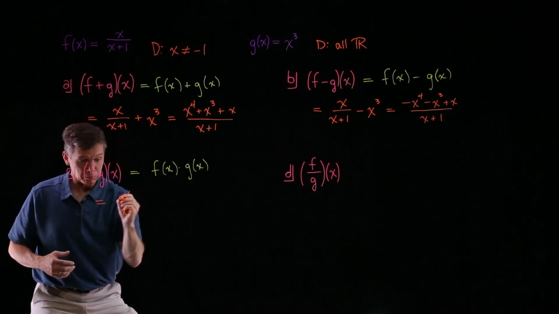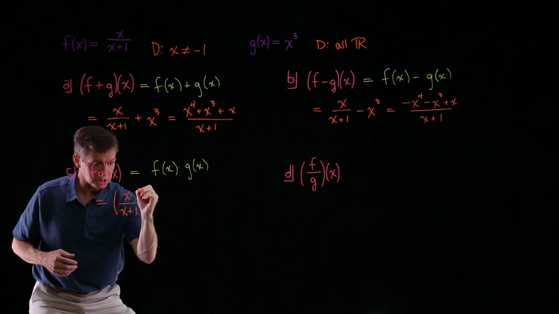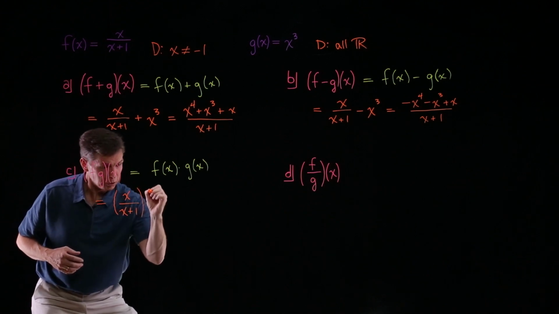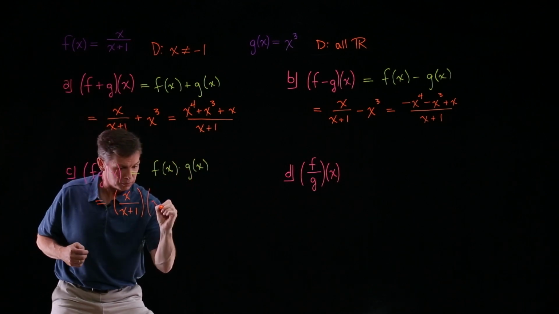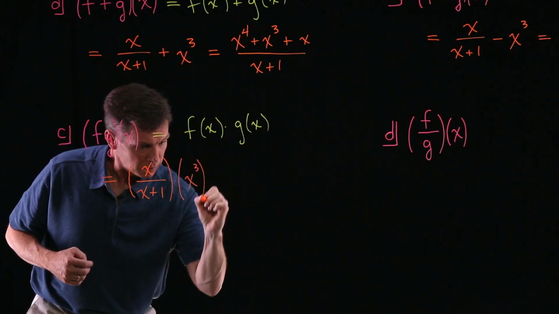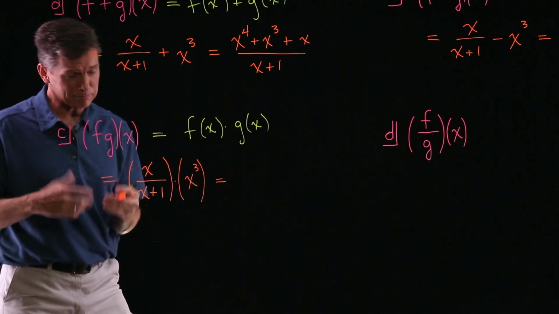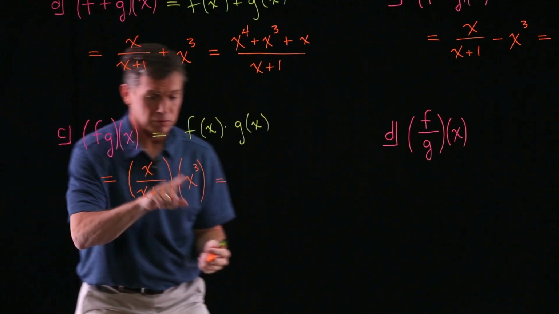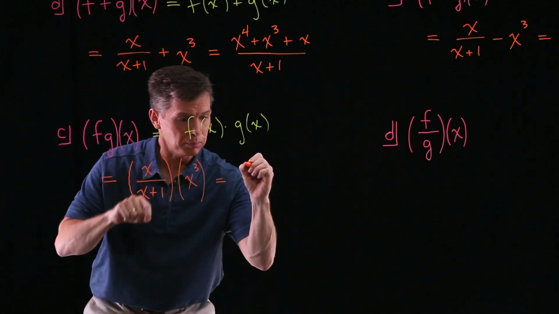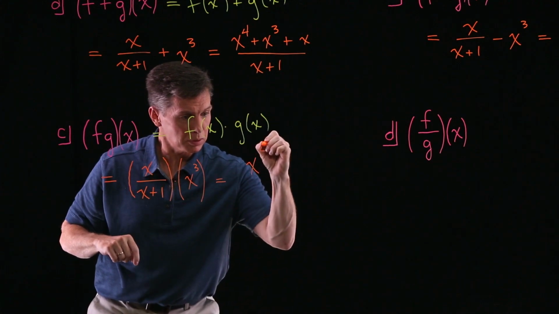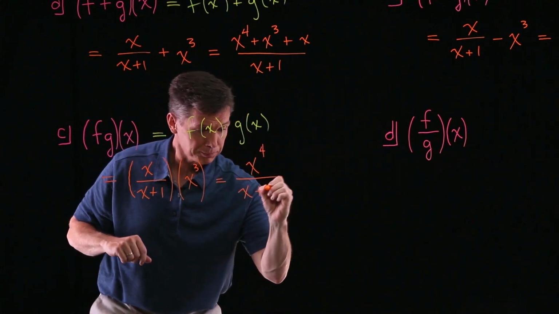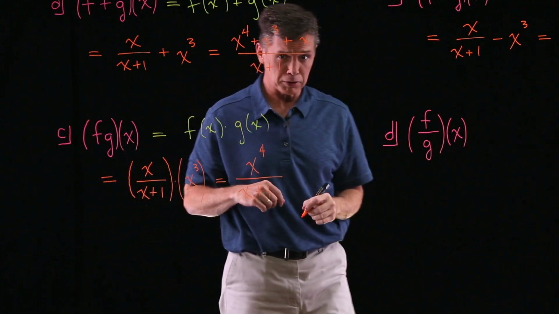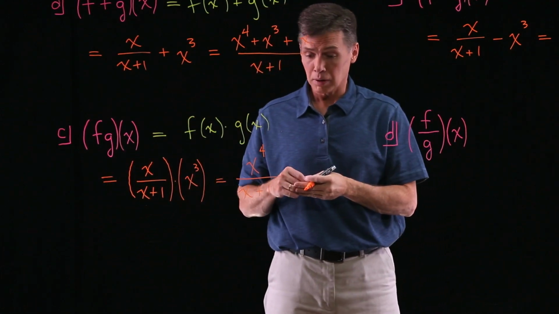For safety's sake, I might put parentheses around my function expressions. Multiply that by g of x, which is x cubed, and then simplify where appropriate. I can clean this up a little bit. If I push that x cubed up top, x to the 4th over x plus 1. And I can't simplify that any further. So in fact, I'm done.